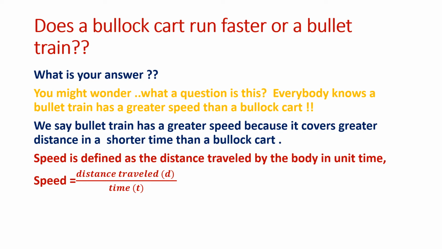Speed is equal to distance traveled by time. Distance traveled is in the numerator, which means the more the distance traveled, the more will be the speed. While time is in the denominator, so the more the time taken, the less will be the speed, but the less the time taken, the more will be the speed.